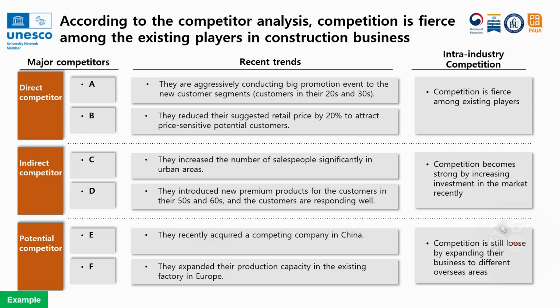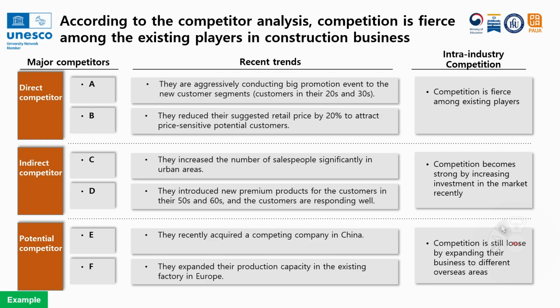typically the existing players would not compete with each other on price. Discounting the price against each other, we can say that's a price war, and a price war typically does not happen in growing markets.